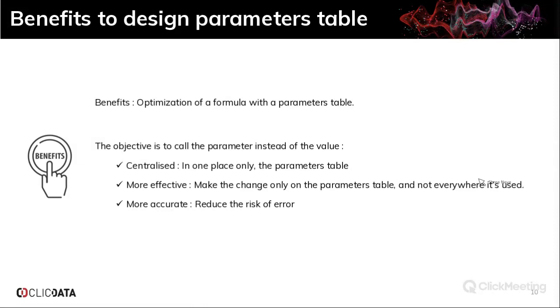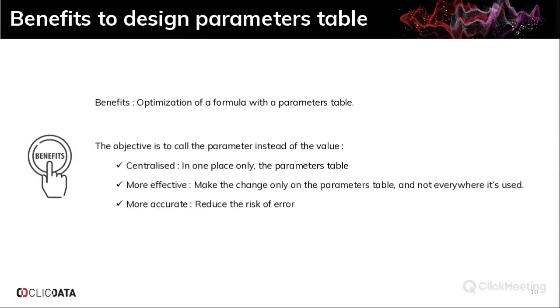So at the end, what we can say about the parameters table is that in terms of benefits, it will be much easier to have all the variables in one place instead of using them in multiple areas. It means that, as we saw in the previous dashboard, it can be in multiple formulas.